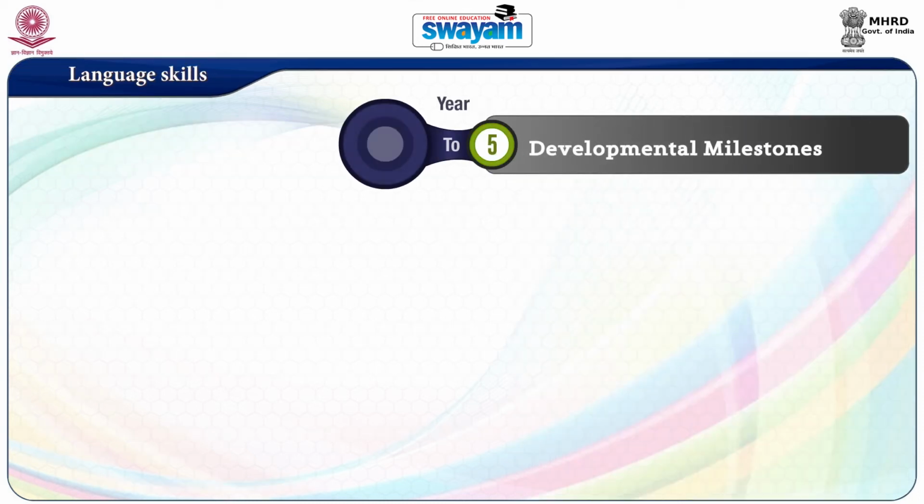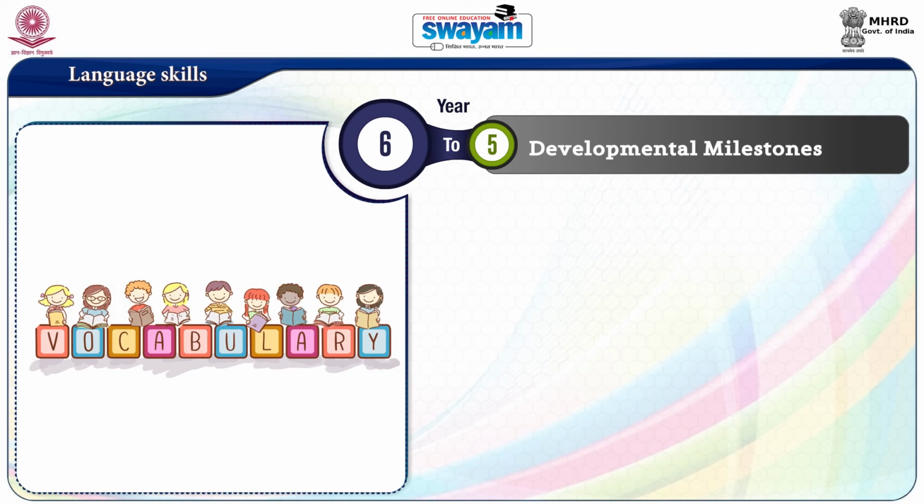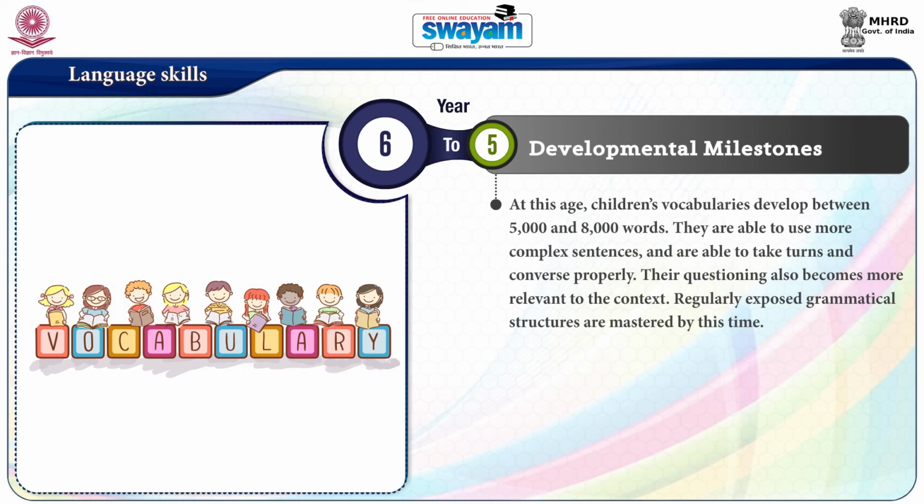When the children are 5 to 6 years of age, children's vocabulary develops between 5,000 to 8,000 words. They are able to use more complex sentences and are able to take turns and converse properly. Their questioning also becomes more relevant to the context. Regularly exposed grammatical structures are mastered by this time.